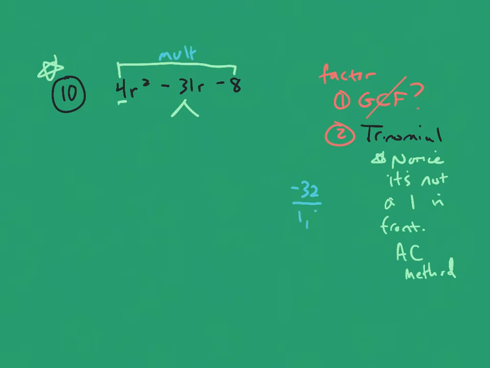So 1 and 32, 2 and 16, 3 doesn't go in, 4 and 8, 5 doesn't go in, 6 doesn't go in, 7 doesn't, and then we're back up to 8. So we want a pair that can add to be negative 31r. One and 32 could make negative 31 if the 32 is negative.